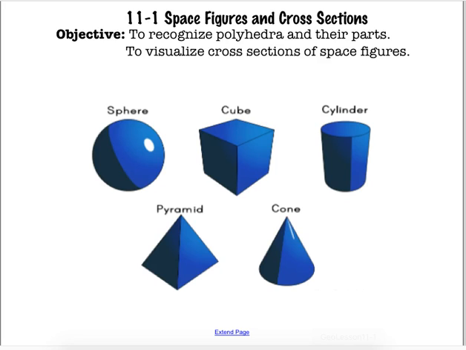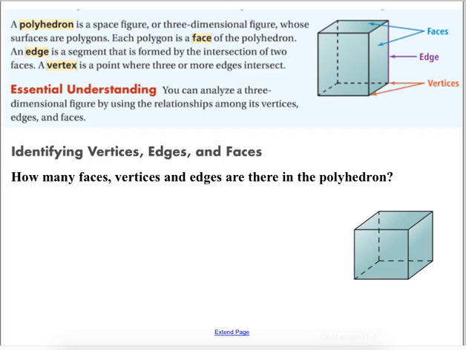Here are some of the main ones that we'll be dealing with: spheres, cubes, cylinders, pyramids, and so forth. So our first big idea here is a polyhedron, and that is a three-dimensional shape or figure that is made solely of polygons.